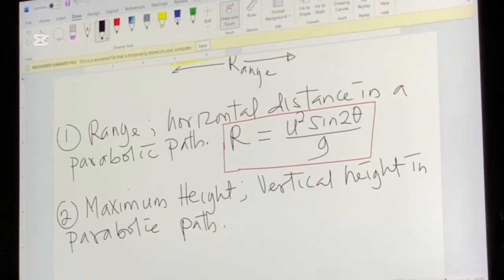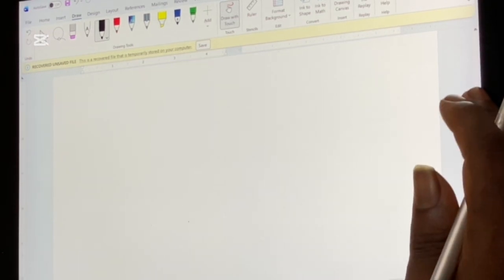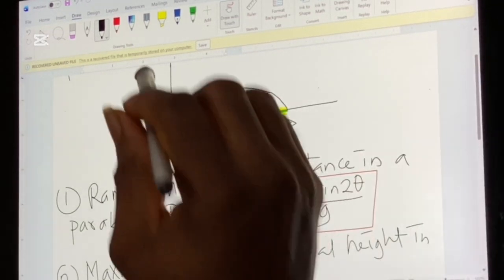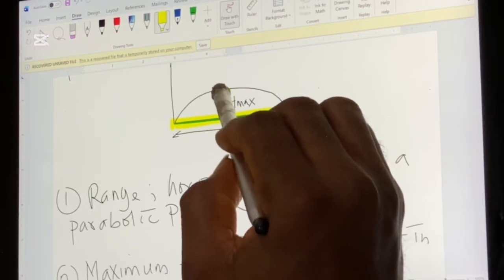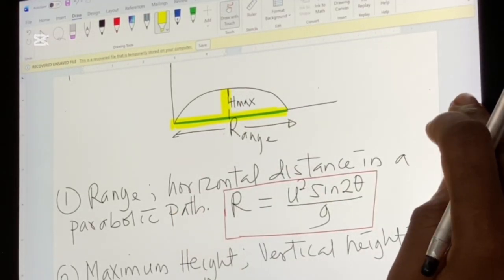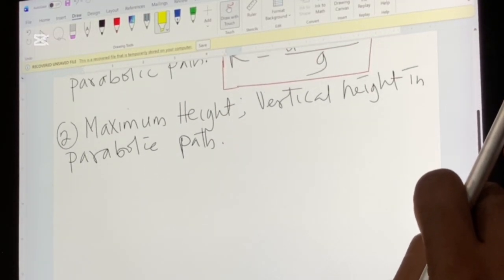So this vertical part here in a parabolic path is called maximum height. Please take note.